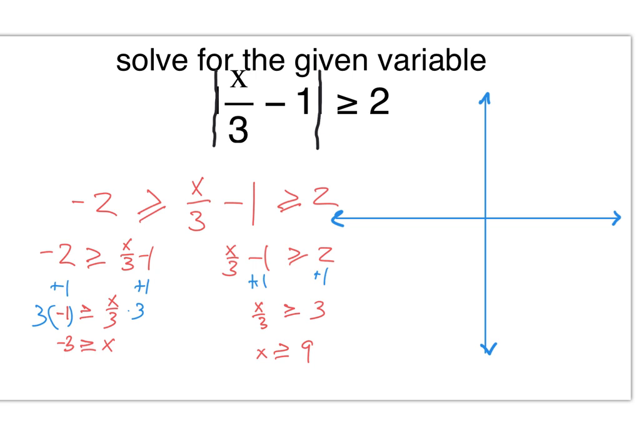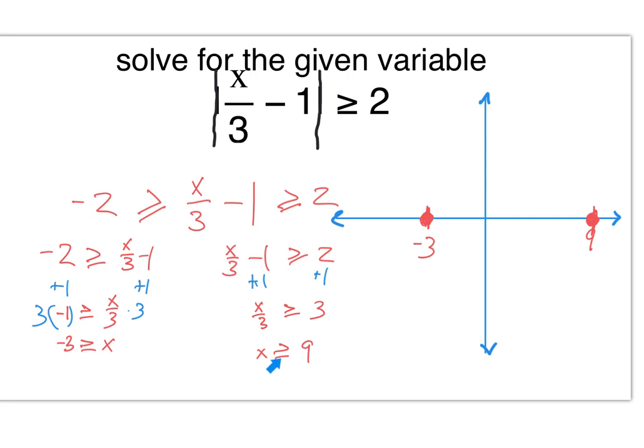I know why I put this on here. So then I've got two values. I have over here 9 and over here negative 3. I have the line underneath tells me it could be equal to at negative 3, which means at negative 3 I have a closed dot. At positive 9 I also have a closed dot.